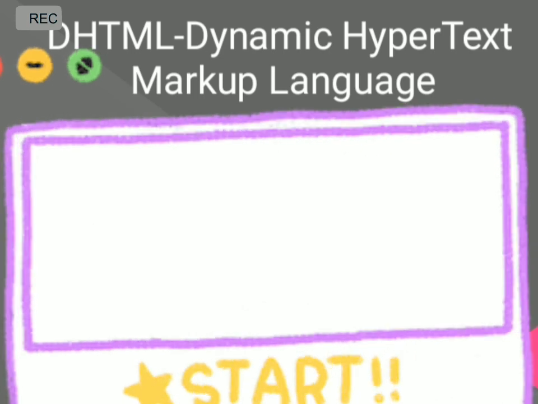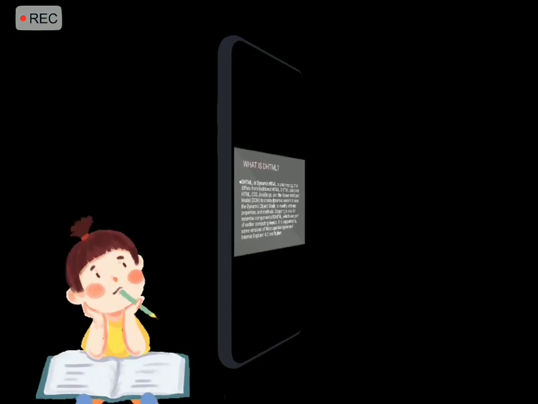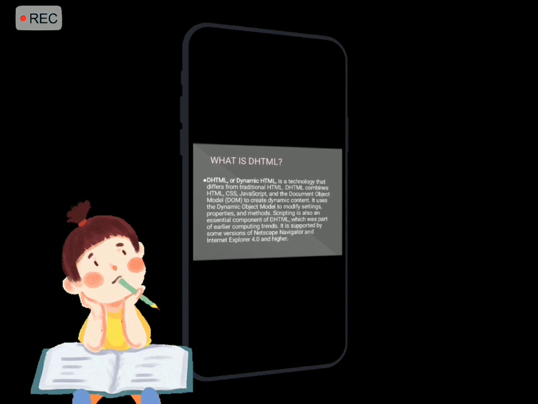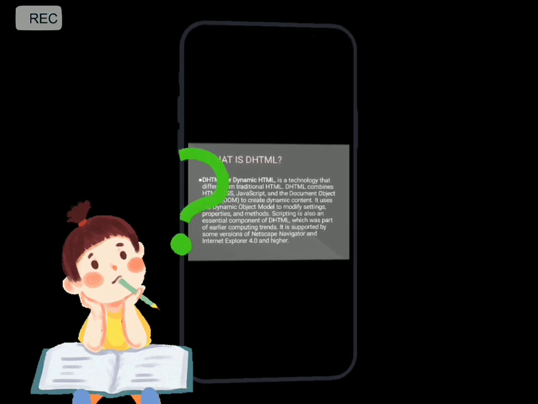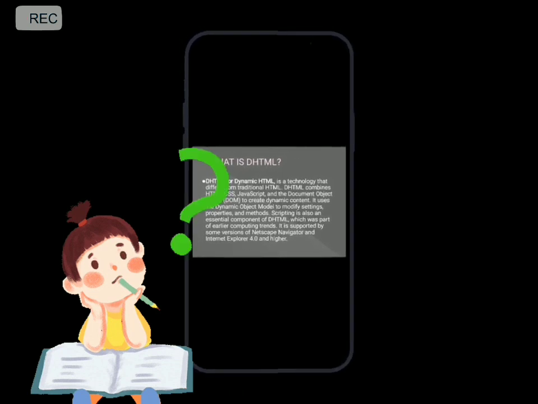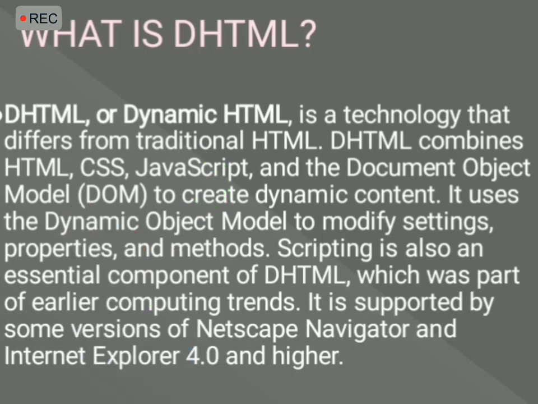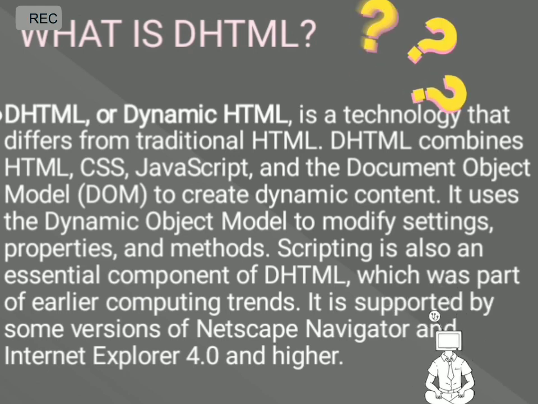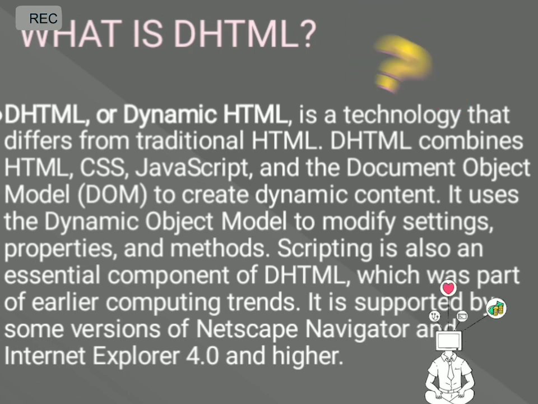So, let's get started. What is DHTML all about? DHTML or Dynamic HTML is a technology that differs from the traditional HTML. DHTML combines HTML, CSS, JavaScript, and the document object model to create dynamic content.